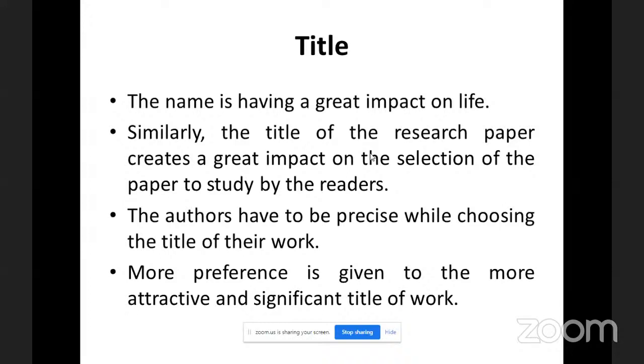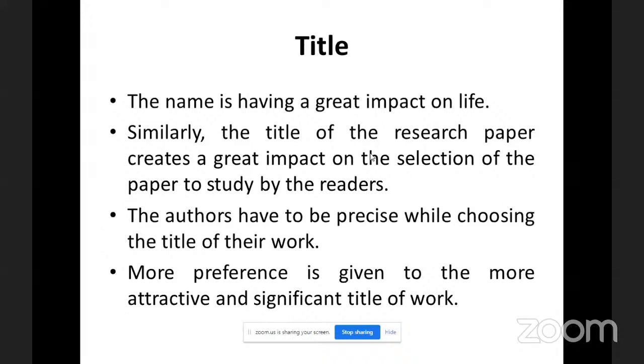They will see that you selected this particular research problem and want to solve it with this particular method. Let me give you an example of one title: improvement of power quality of a distribution network using STATCOM. In this title, the problem is power quality.